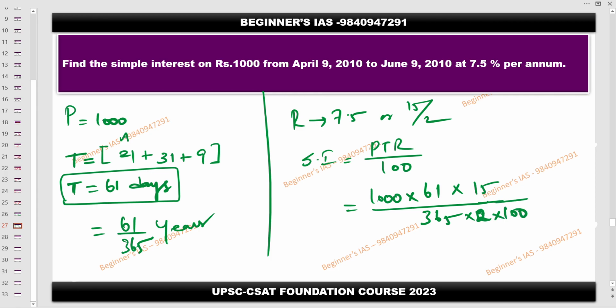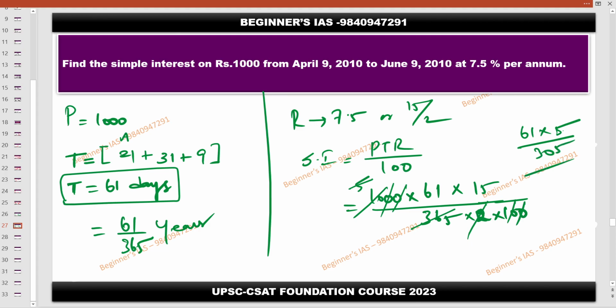So cancel the zeros. Here 2, here 5 times. Then go with the 5 table. Here 5 ones are. Then 61 into 5.